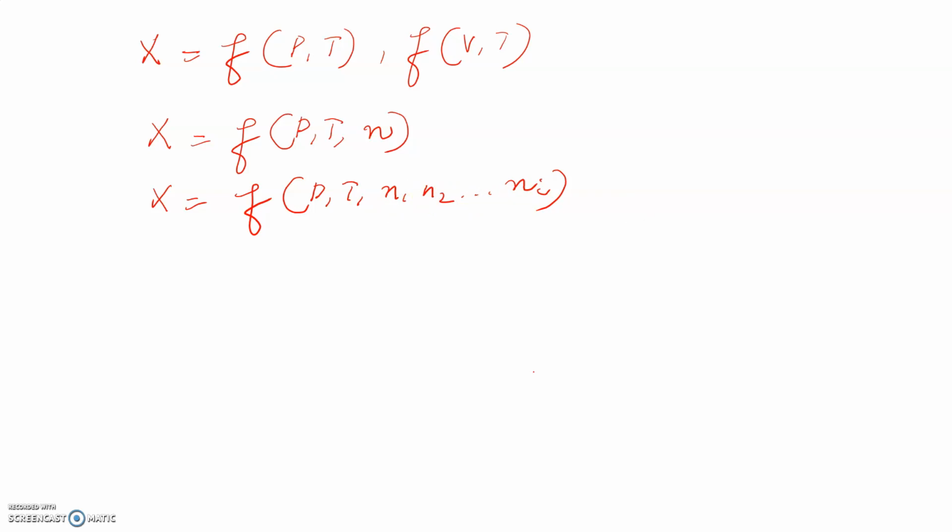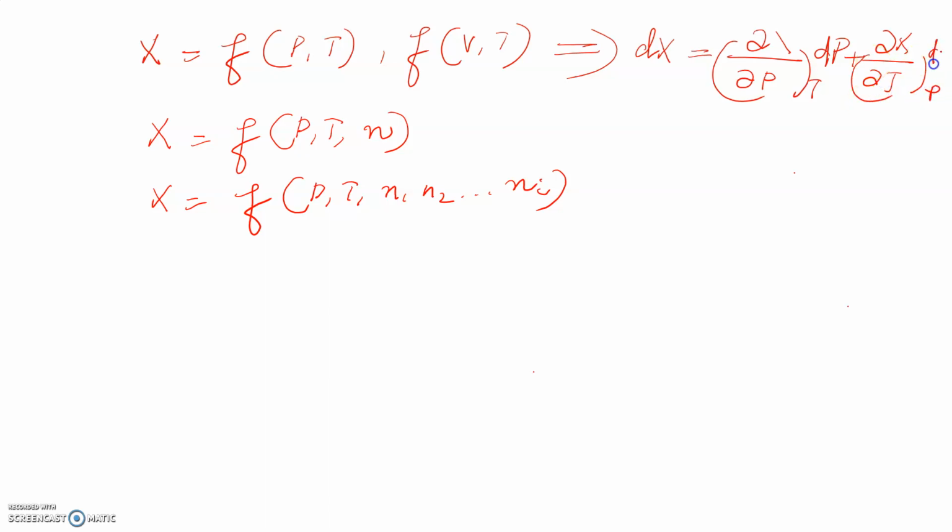They represent the different quantities of various components which may be labeled as 1, 2, 3, etc. in the system. If we can write x as a function of P and T, we can write a small change dx as dou x by dou P at constant temperature into dP plus dou x by dou T at constant pressure into dT.